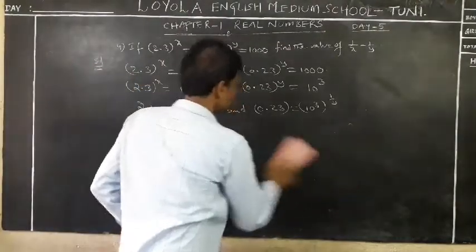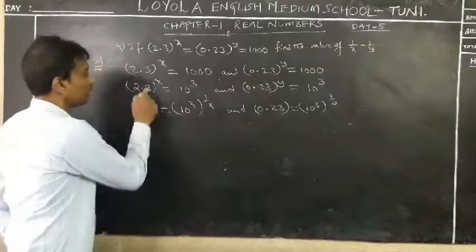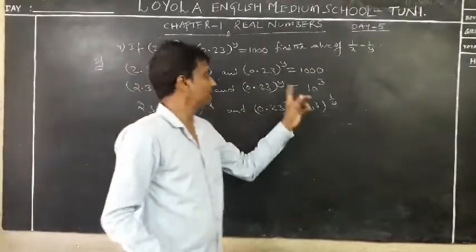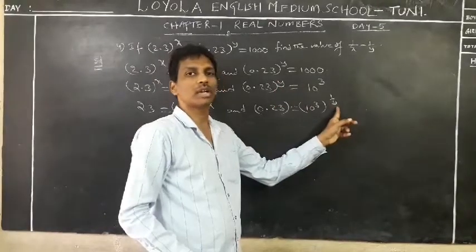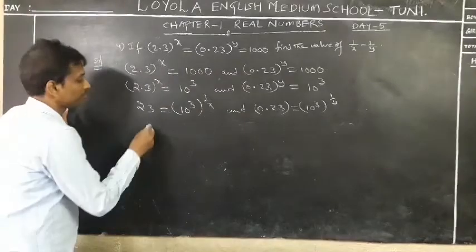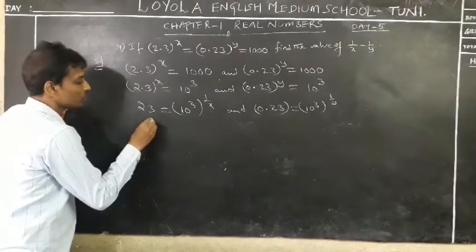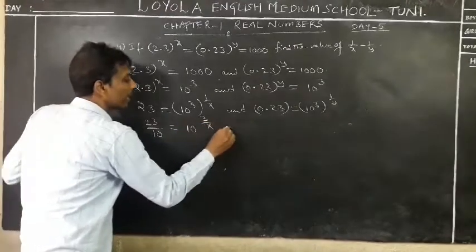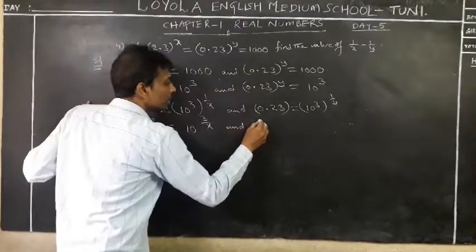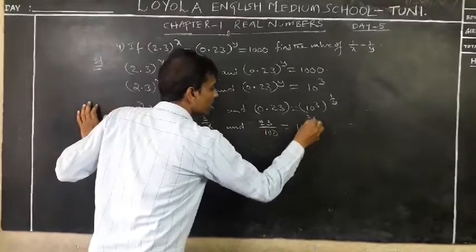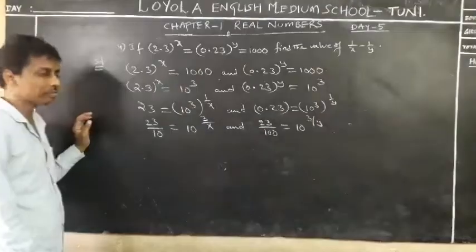Here one thing is clear: when the power x goes to that side, it becomes 1 by x, and y we will send towards the right side, it becomes 1 by y. How can we write this? 23 by 10 is equal to 10 power 3 by x, and 23 by 100 is equal to 10 power 3 by y.